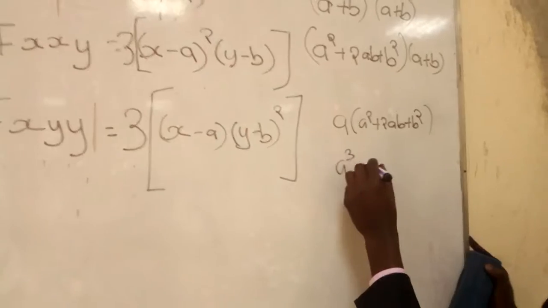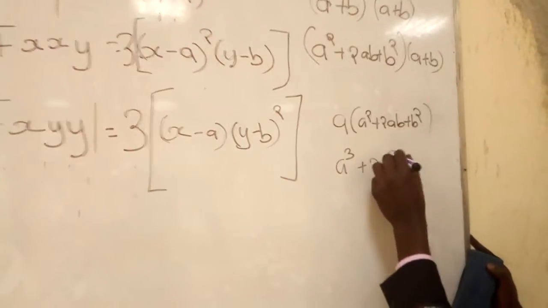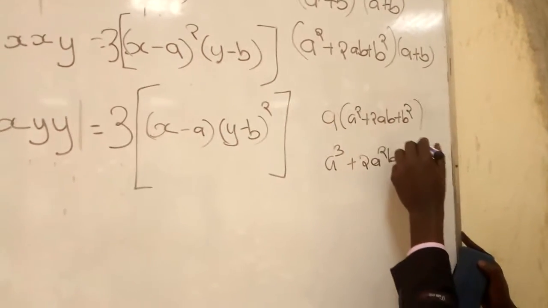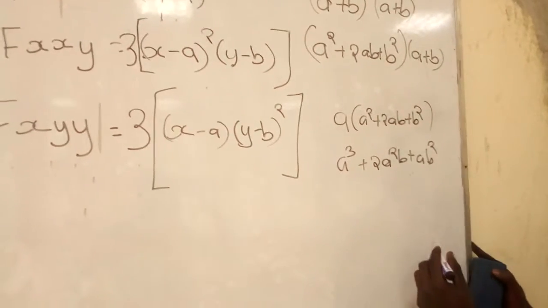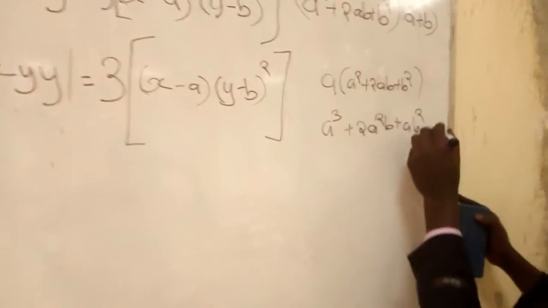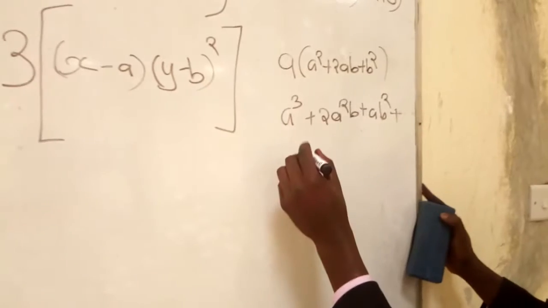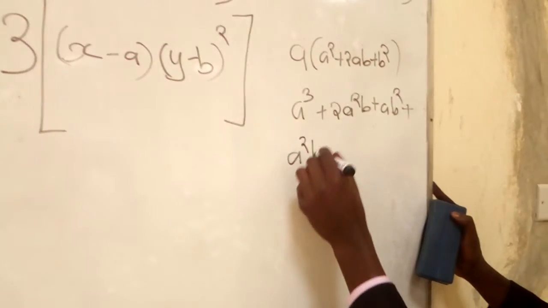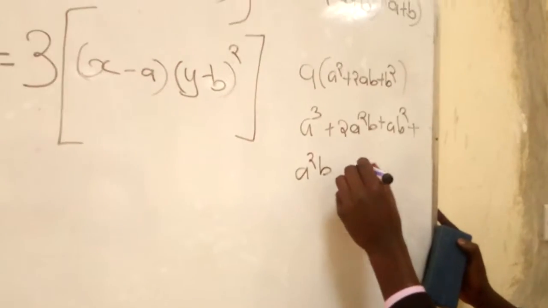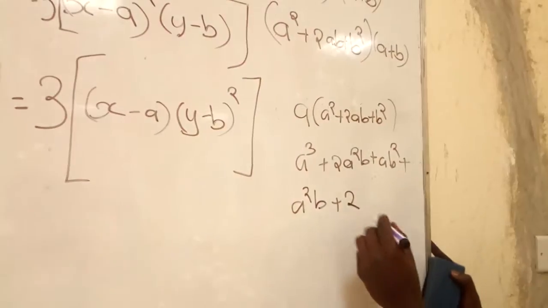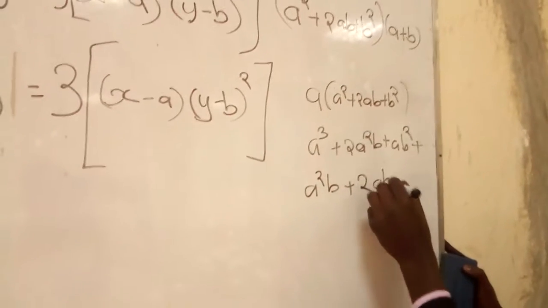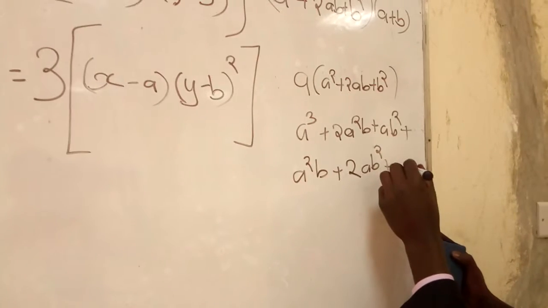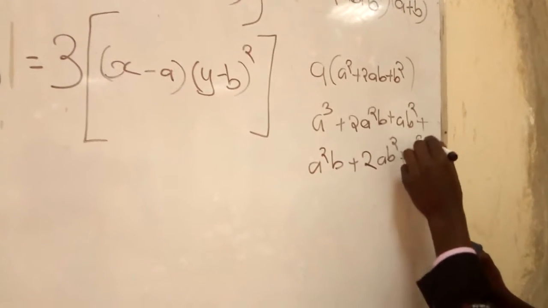This will be a cubed plus 2a squared b plus ab squared. Then plus, for the b, we shall have a squared b plus 2ab squared plus b cubed.